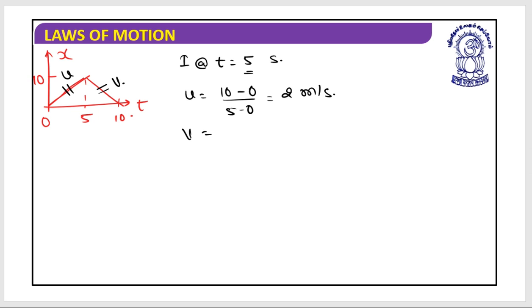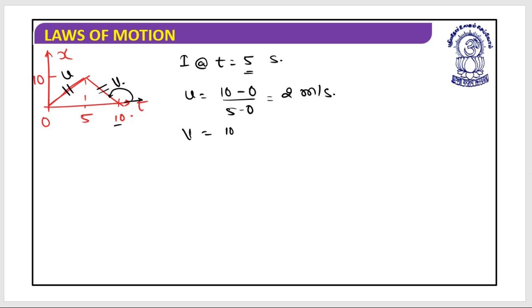For final velocity, you can observe that this is the angle and it is an obtuse angle, and for an obtuse angle my slope would be negative. This is the concept we are using from unit number 3, motion in a straight line, concept of the graphs.